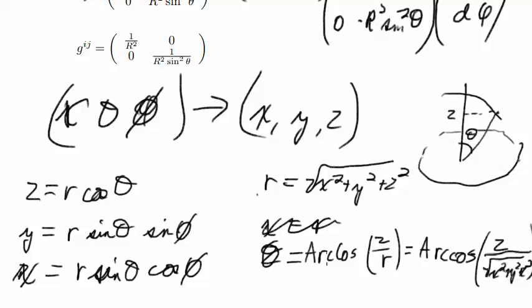Okay, and phi could be expressed as arc cosine of x over the square root of x squared plus y squared.